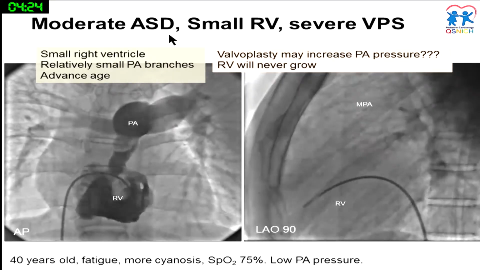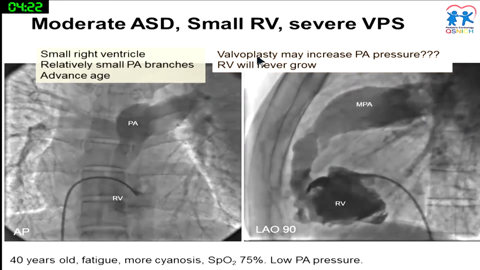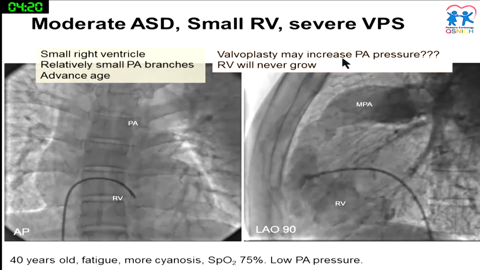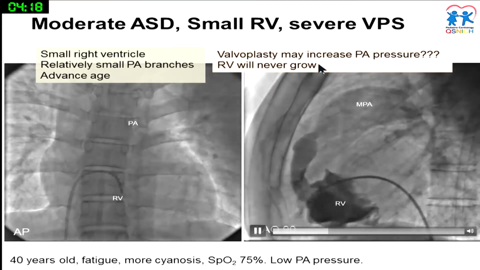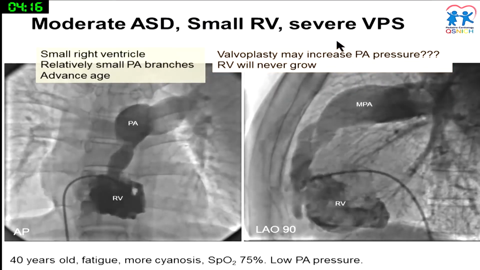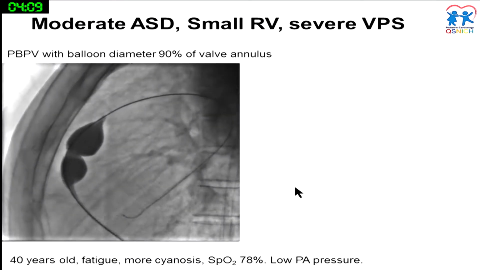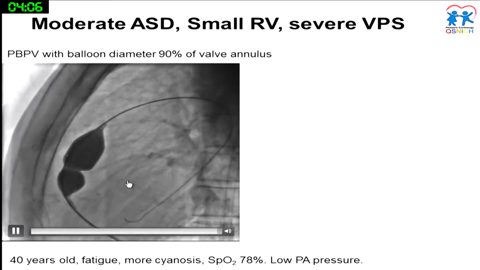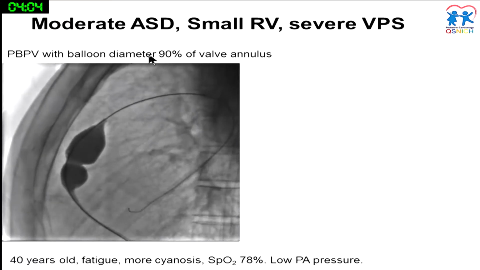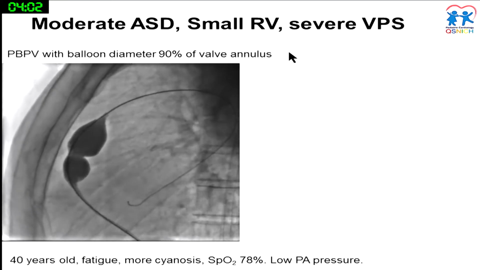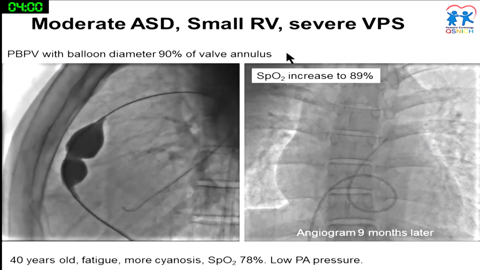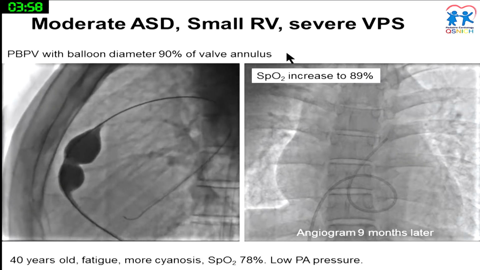In this case, they may debate whether if we balloon, the PA pressure may increase, or we should go for just a Fontan immediately. So again, multiple choices, and unfortunately we don't know the answer. So in this patient, we decided to just do balloon angioplasty, but using only 90% of the valve annulus, so not much dilating, but saturation improved from 75 to 89.